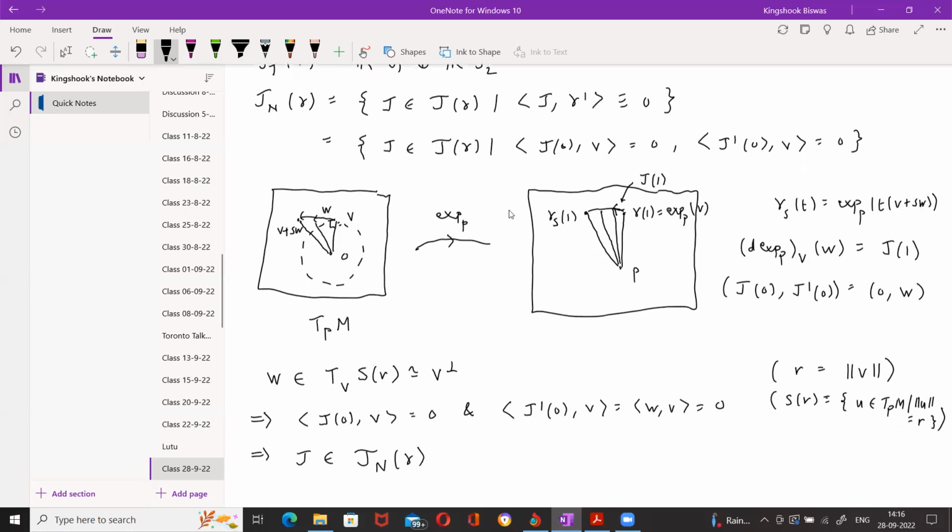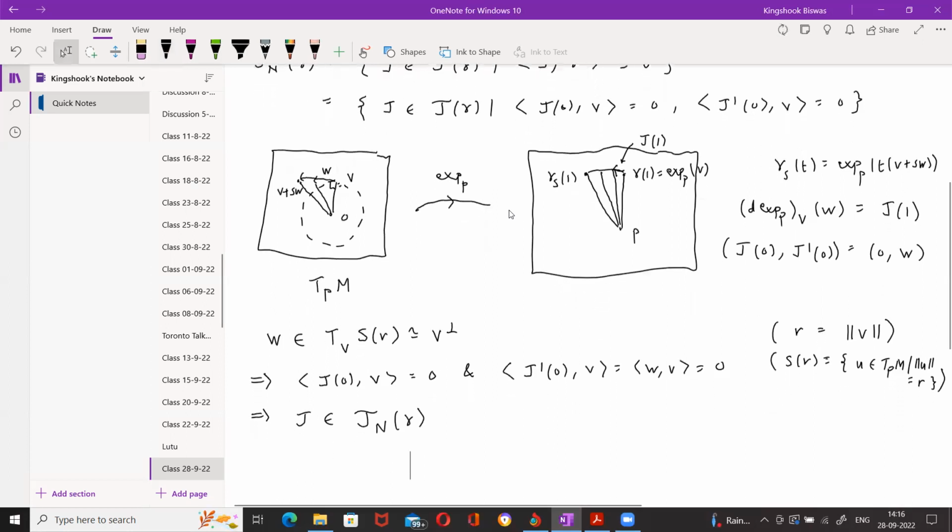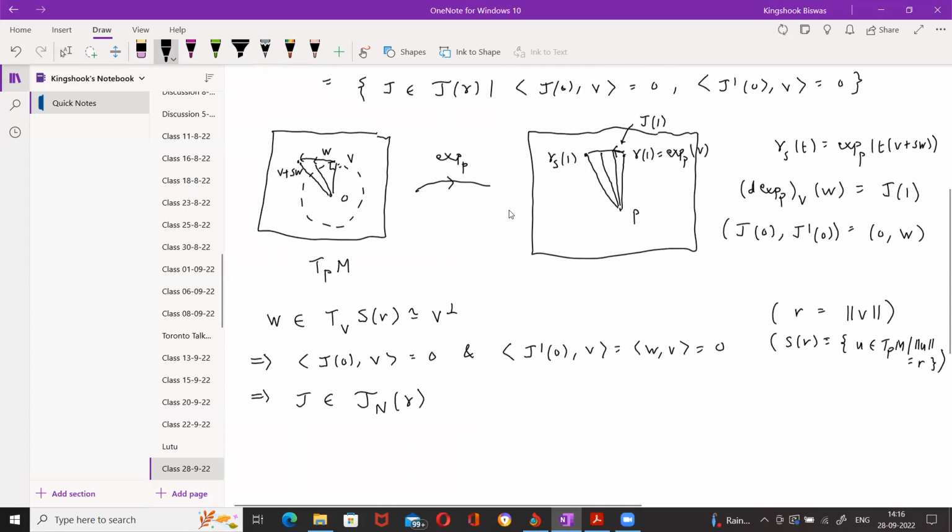So this means that the inner product of J(1) and gamma prime 1 is 0, right? Yes?